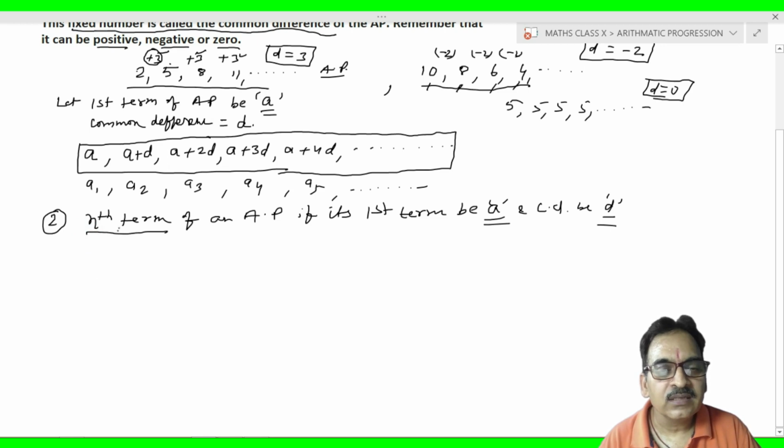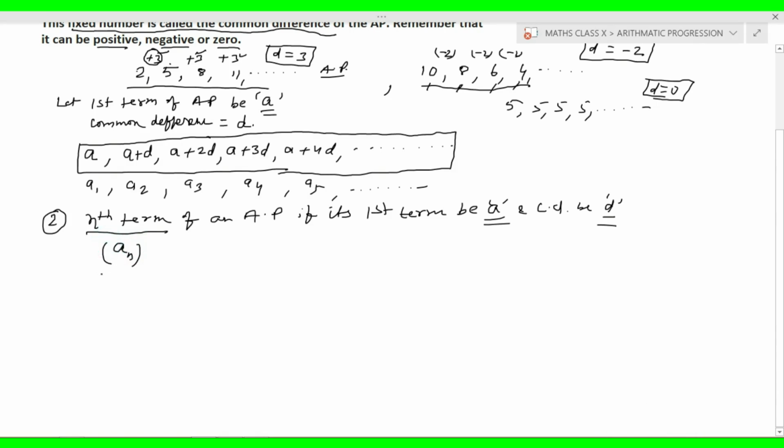For writing this nth term, we have the symbol An. This is the symbol to write the nth term of an AP. I hope you understood it. Okay. Now we'll derive the formula for finding the nth term of an AP.